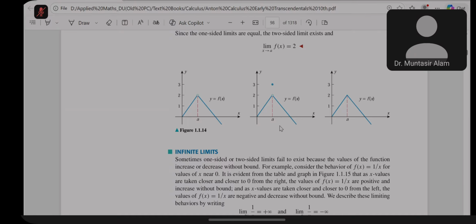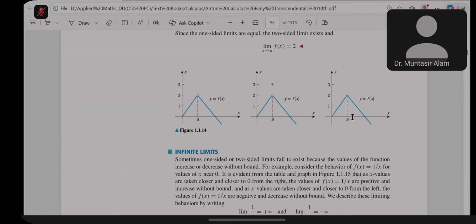This figure indicates that limit does exist at x equal to a, and function value is also existing at x equal to a, which is 3. Since the function value is not equal to the limiting value, therefore we conclude the function is not continuous at x equal to a.